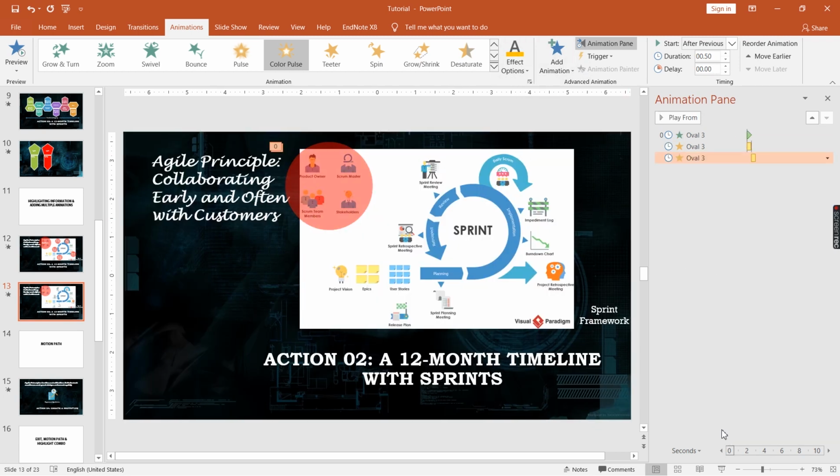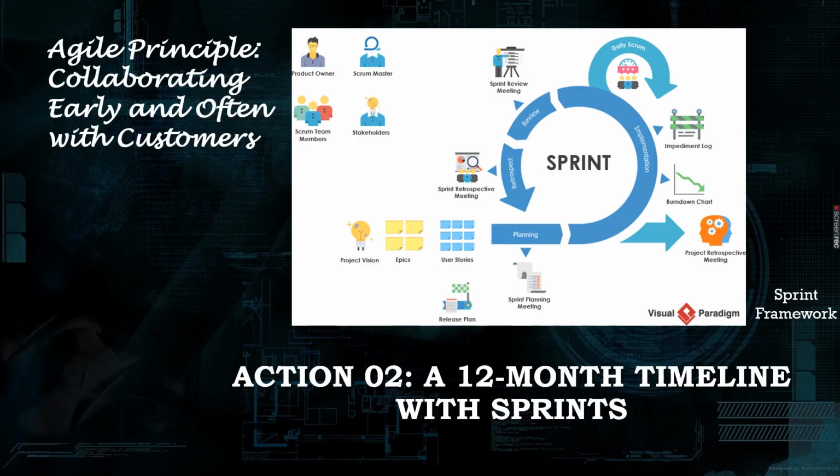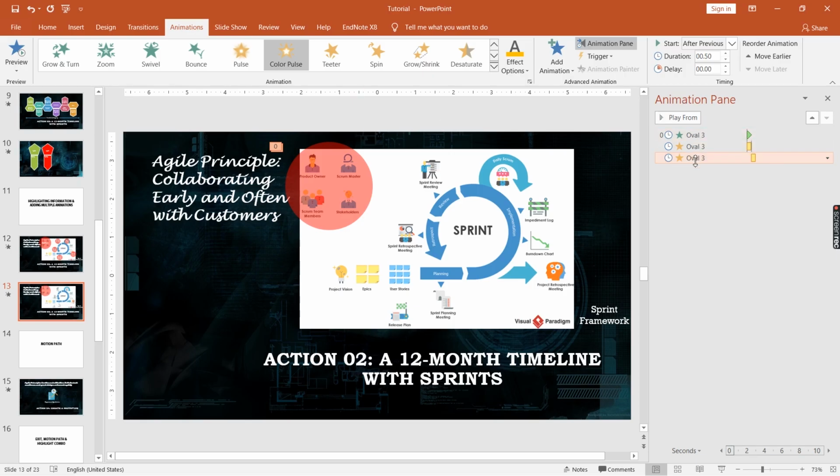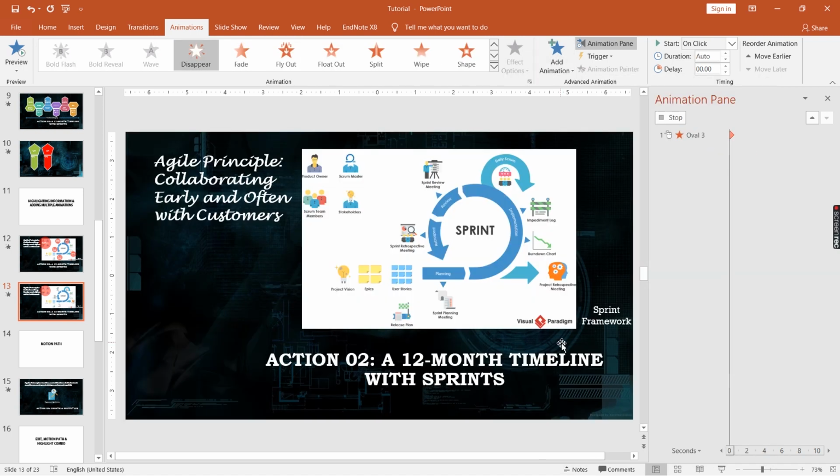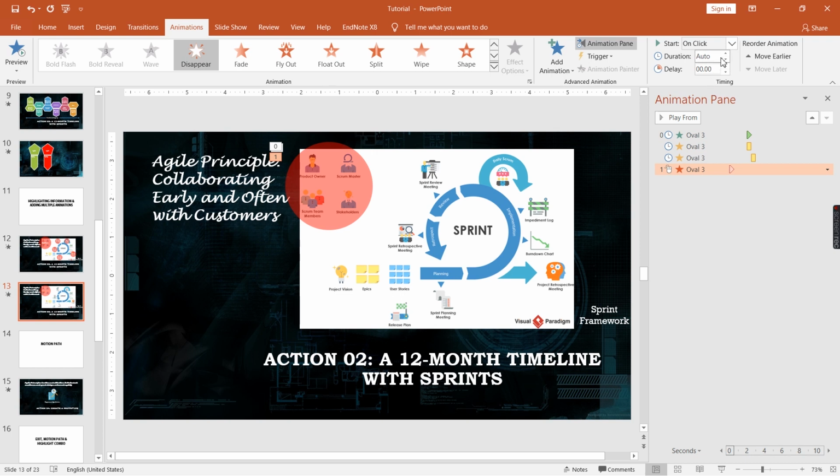So there it is, but then it stays there. So I'll also have to add an exit animation, which is disappear, and I need it to happen after the previous. So let's look at that now.